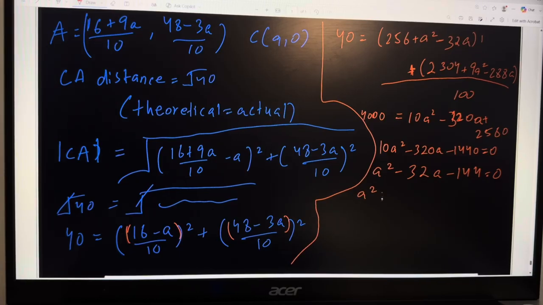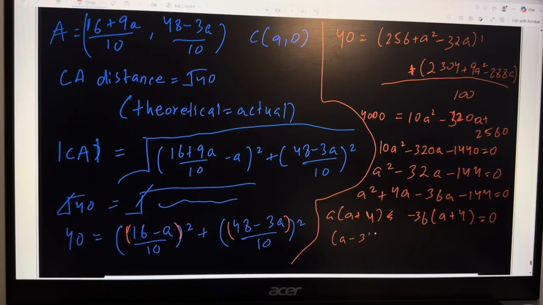So a squared minus 32a minus 144 is equal to 0 becomes a minus 36 and a plus 4 is equal to 0.